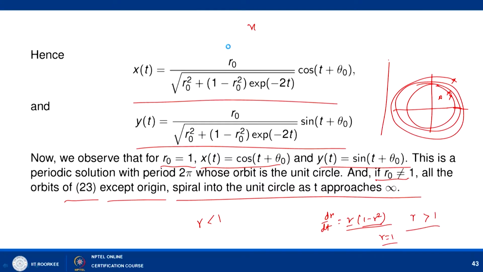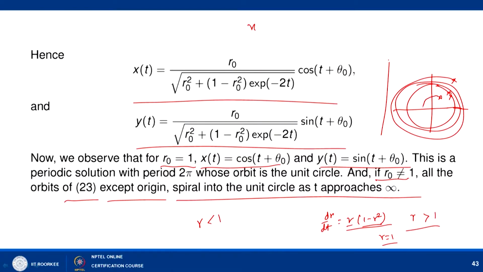Here your radius is increasing and it is a periodic function, so it will spirally increase. It will go like this and ultimately move away from the origin. Now if we take r of t less than 1.